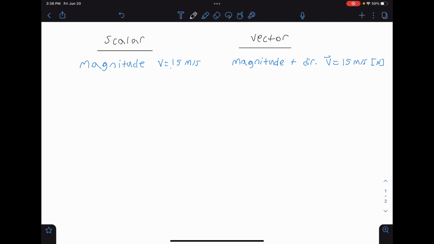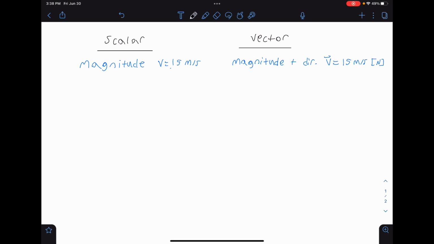Now, what if I said the car went 60 miles per hour to the left, and then it took a turn to the right, and then went at 30 miles per hour and returned back home? Do we care about direction? We definitely do. Do we care about its speed as well, its magnitude? We definitely do. Now we call it velocity.